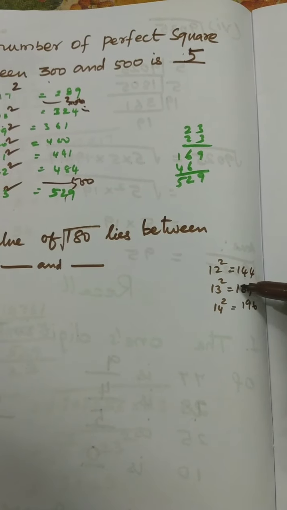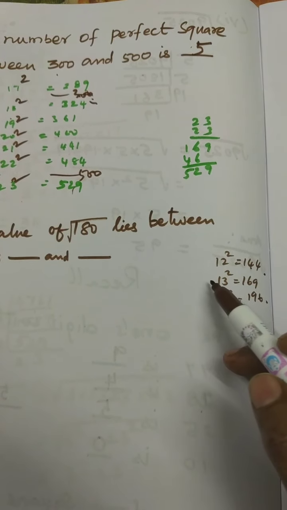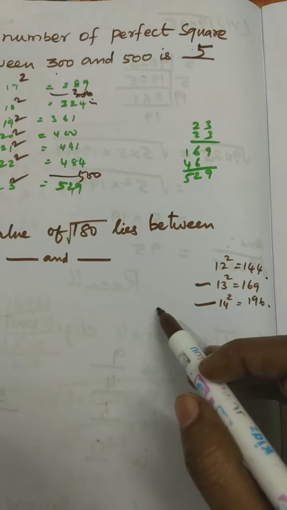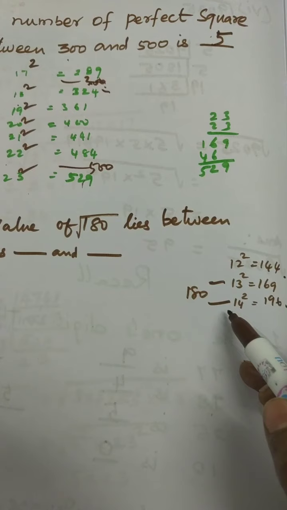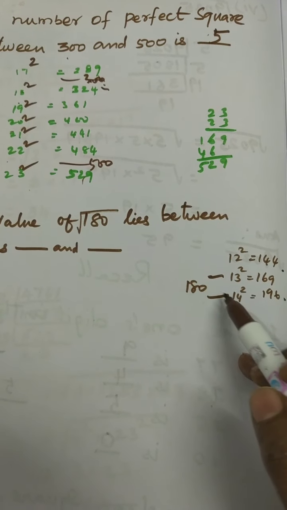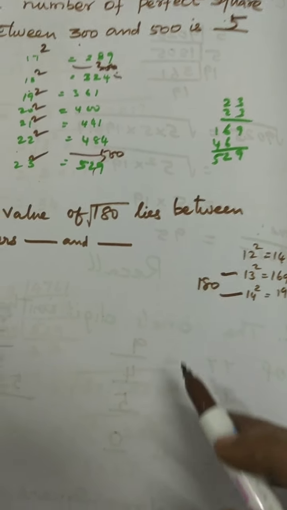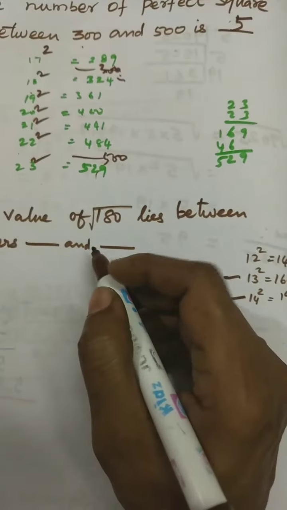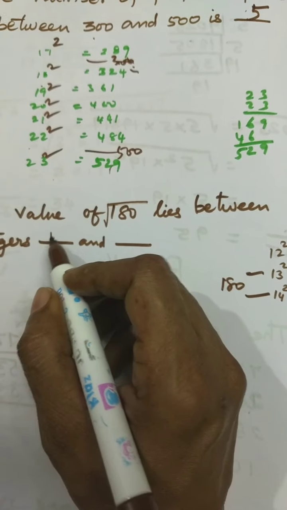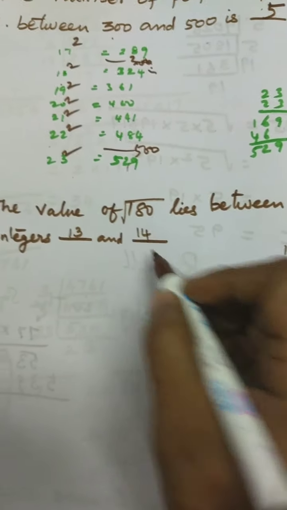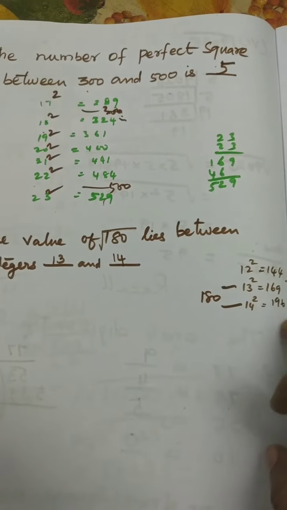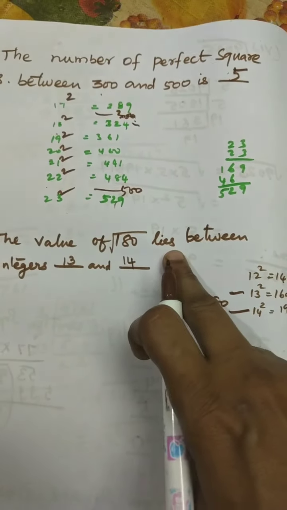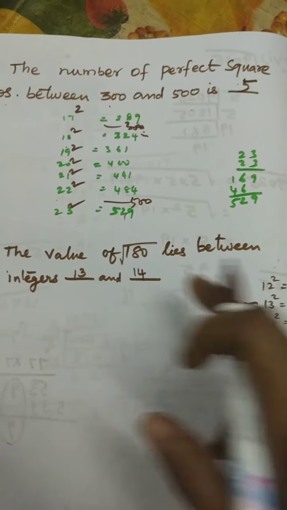Between 13 square and 14 square, this 180 will come. So root 180 lies between the integers 13 and 14.